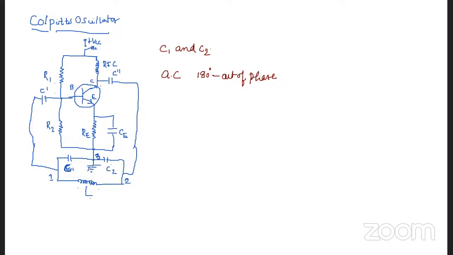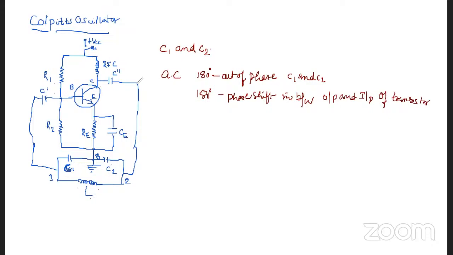So 180 degrees out of phase is between the C1 and C2 capacitors, and the remaining 180 degrees is produced between the input and output of the transistor.